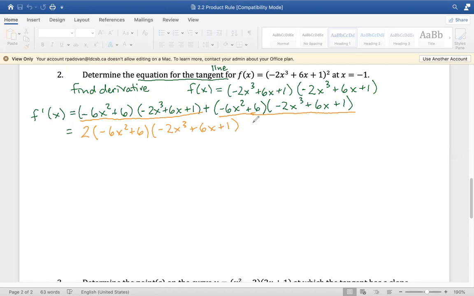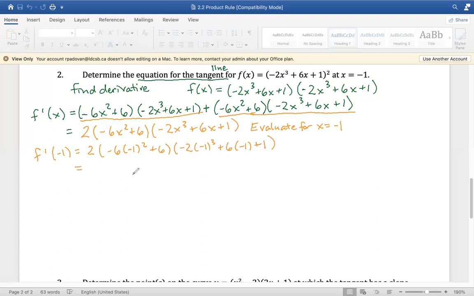So now I can evaluate for x equals negative 1. So f prime at negative 1 is going to be equal to 2 times negative 6, negative 1 squared plus 6, negative 2, negative 1 cubed plus 6 times negative 1 plus 1.